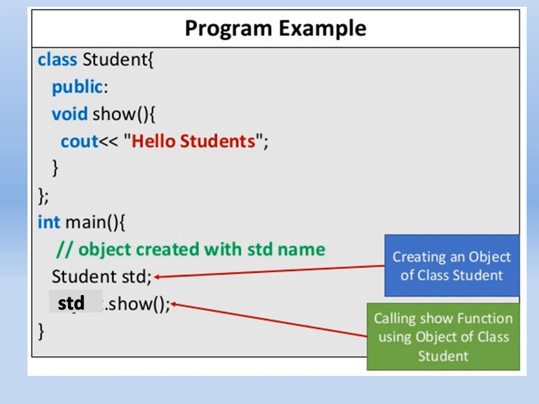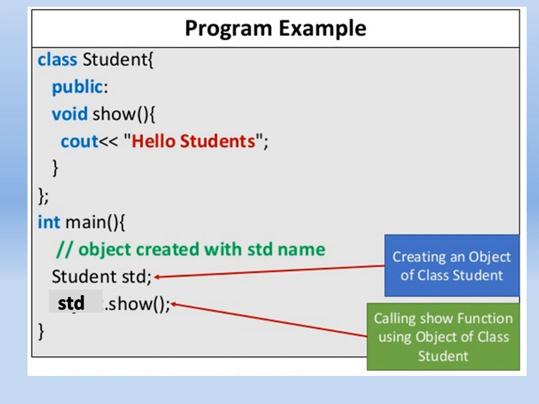After this we open the brackets, and in that by using the cout statement we are writing hello students. So by using the show method you are printing hello students. So in the body of show you put the statement cout hello students, then close the body of the show function and close the class with a semicolon.